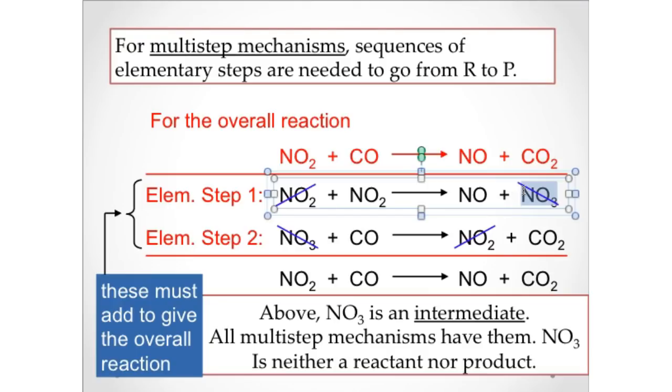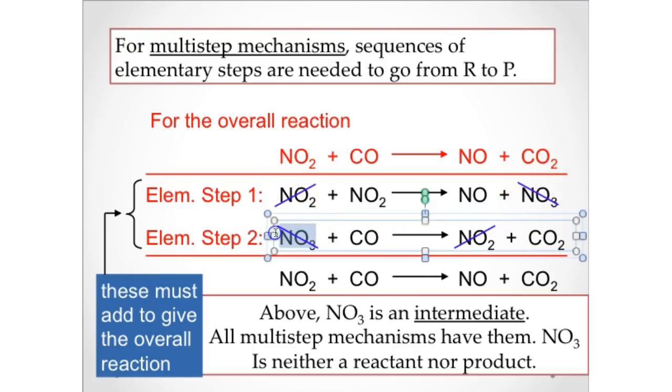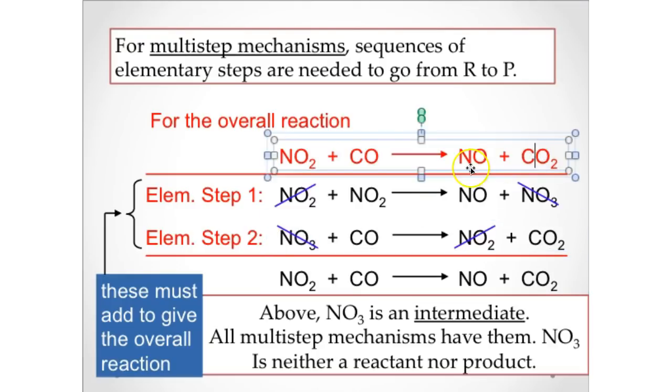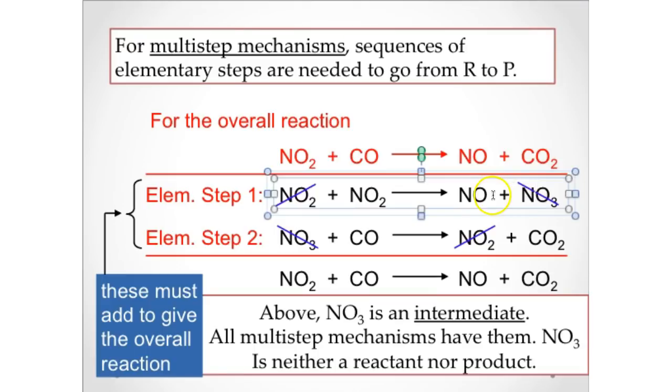An intermediate is basically some substance that is produced and then immediately consumed to start a second reaction. For example, do you see NO3 in this overall reaction? You don't, because NO3 is behaving as an intermediate. This NO3 that's produced is now used up in a second reaction with CO to produce NO2 and CO2.